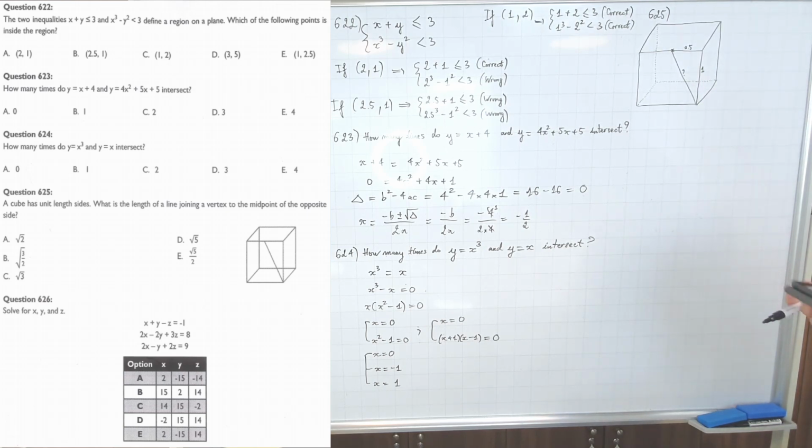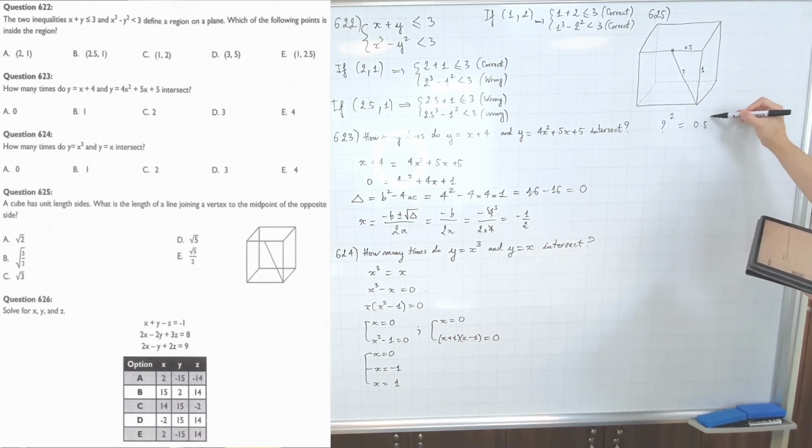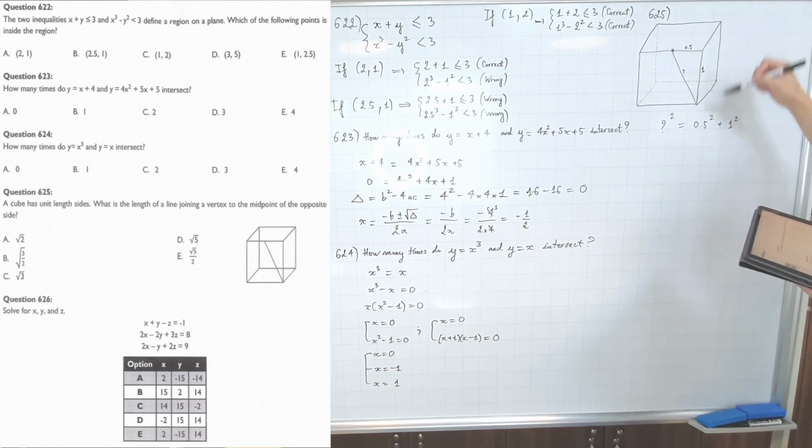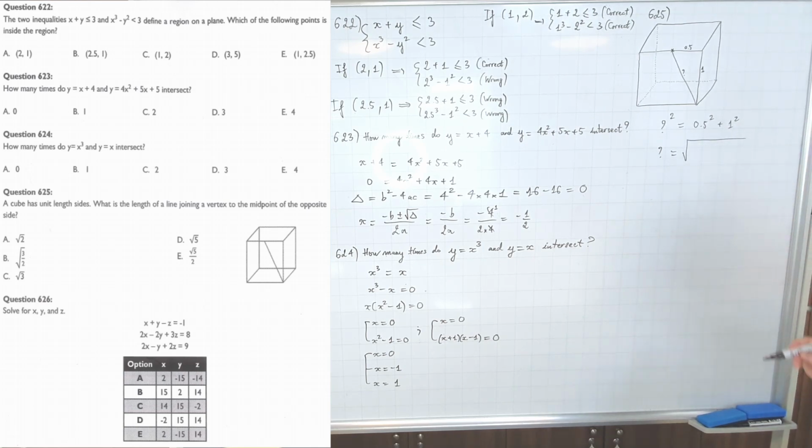Pythagorean. So according to the Pythagorean theorem, this one squared equals 0.5 squared plus 1 squared. This one is going to be the square root of 0.25 plus 1, which is 1.25.